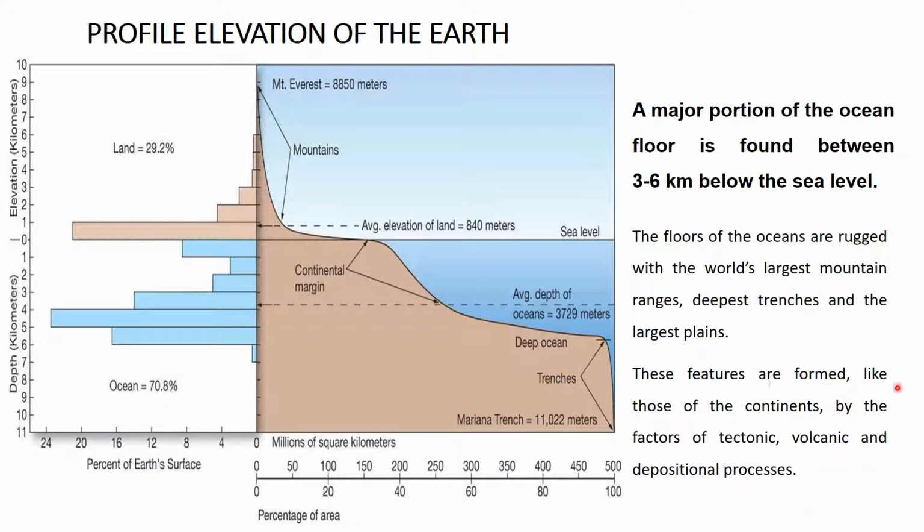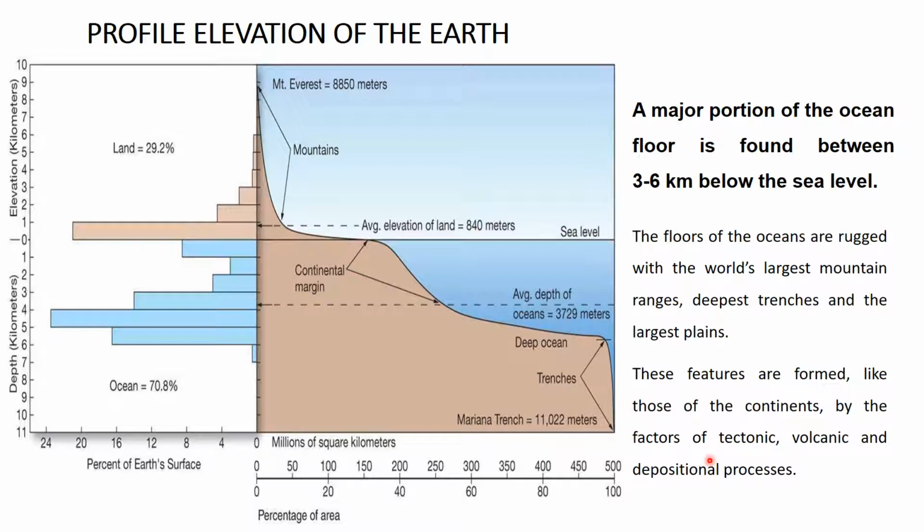These features are formed like those of the continents by the factors of tectonic, volcanic, and depositional processes. The only difference is that they are formed below the sea level, on the ocean floor. But the same processes are involved, that is the factors of tectonic features.